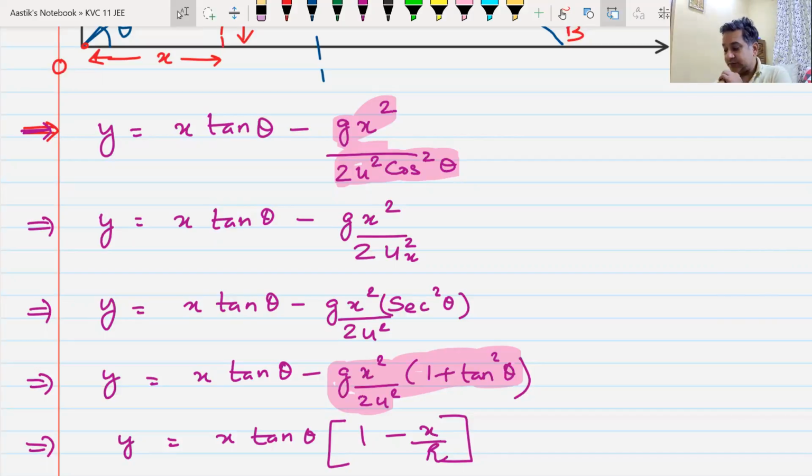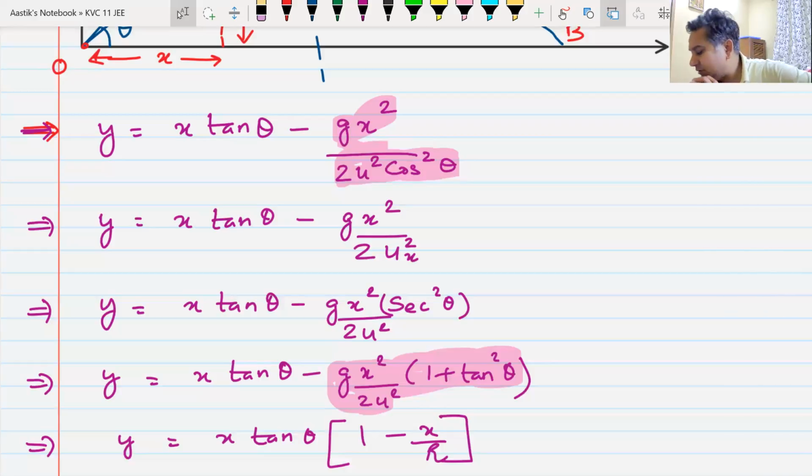Look at the equations and see what the unknowns in the equation are. First of all, see which equation you should use. 1, 2, 3, 4, 5, which one? All are the same equations.